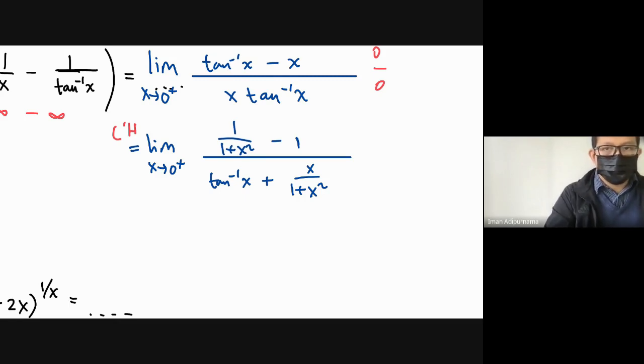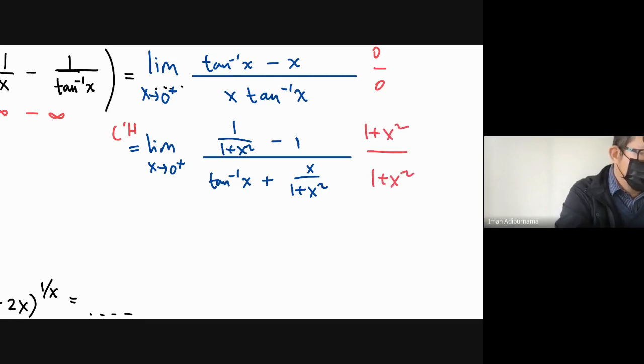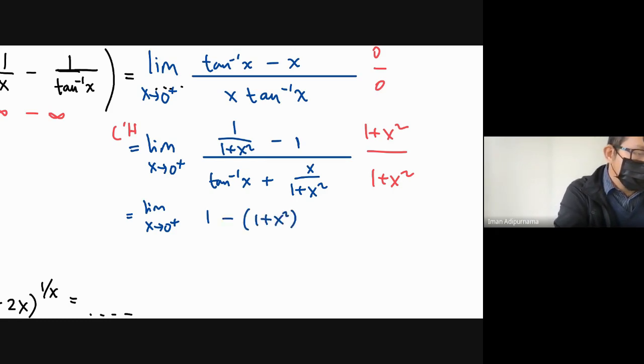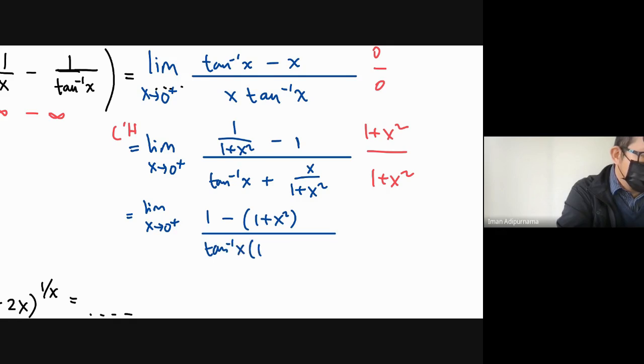Now we still have something to do here. Multiply with 1 plus x squared, 1 plus x squared. And then this will be 1 minus 1 plus x squared, over tangent inverse x times 1 plus x squared plus x.